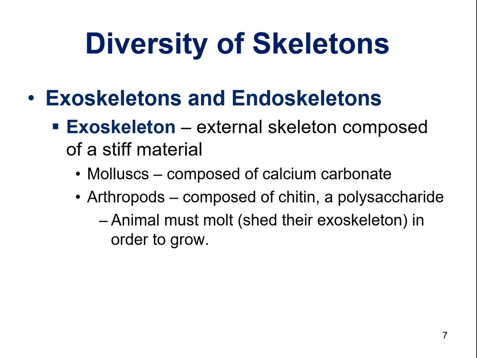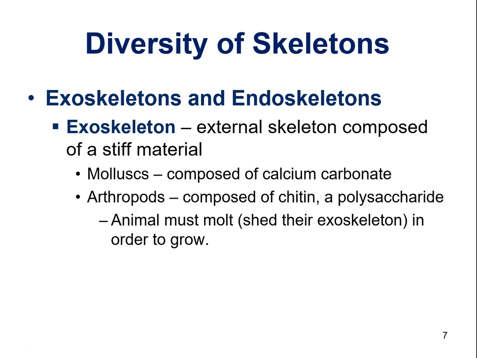So exoskeletons. Like I mentioned, we all should be familiar with an exoskeleton. This is an external skeleton. It's composed of a structural, stiff type of material, and it depends on what organism you're talking about in terms of what it's made up of. For instance, mollusks are composed of calcium carbonate.